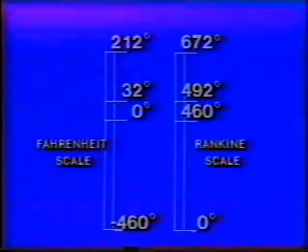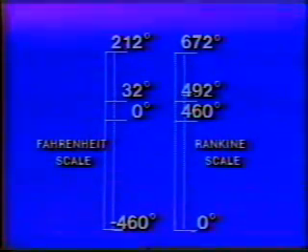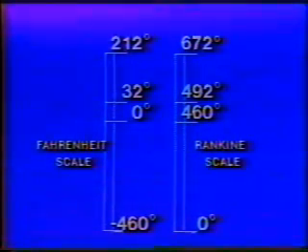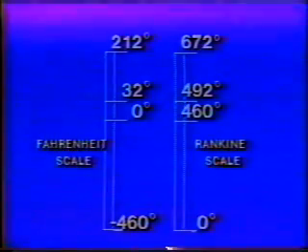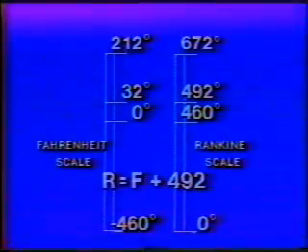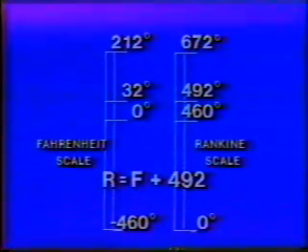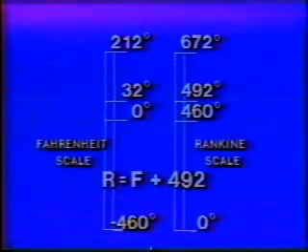Absolute zero on the Rankine scale is 460 degrees below zero on the Fahrenheit scale. To find the Rankine temperature when the Fahrenheit temperature is known, add 492 degrees to the Fahrenheit temperature. Water freezes at 492 degrees on the Rankine scale.